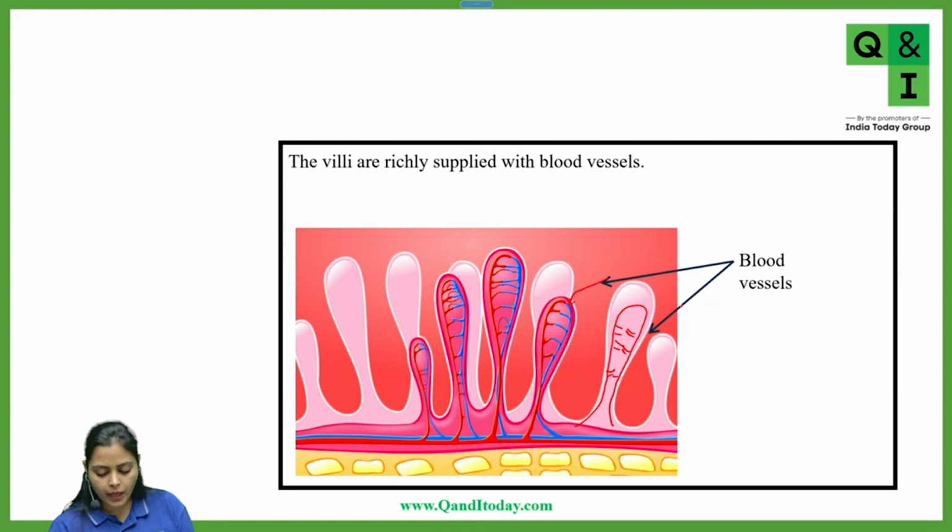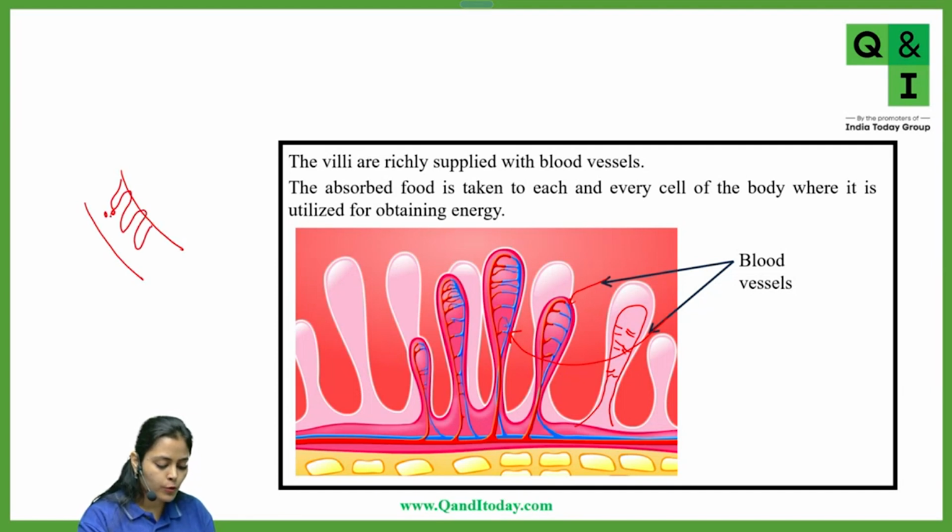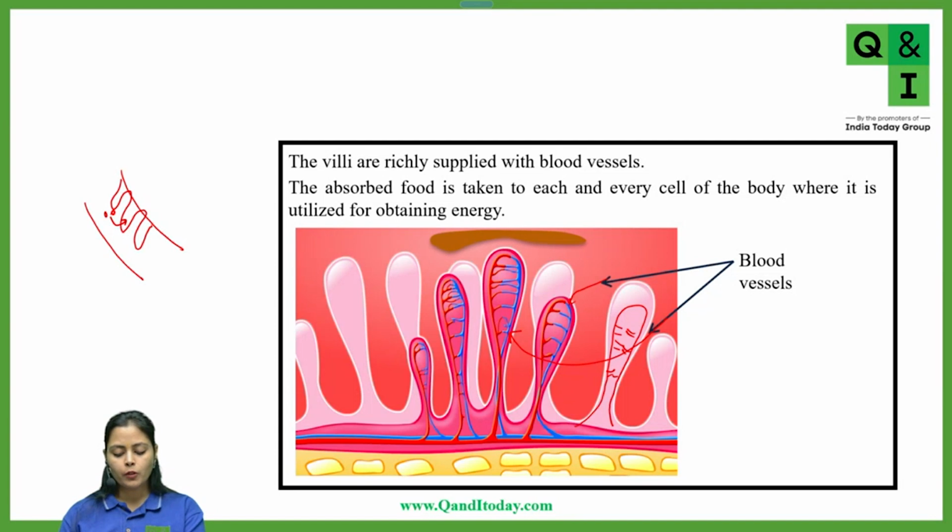Once the food passes through the small intestine, these villi will absorb the food into them. They will absorb these simpler molecules into them. So this was the food molecule which was being broken down by the action of enzymes and converted into simpler nutrients, and these smaller nutrients through villi.